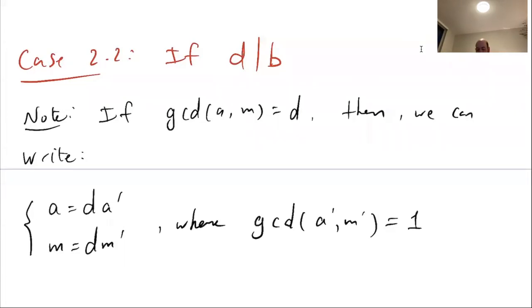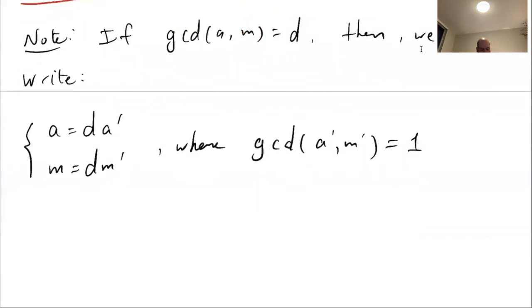So whenever GCD of two numbers is D, we can write A as dA prime and M as dM prime, where the new numbers A prime and M prime are now relatively prime. So even if the original numbers A and M are not relatively prime, we can take the GCD factor out, and then we are left with numbers that are now relatively prime.